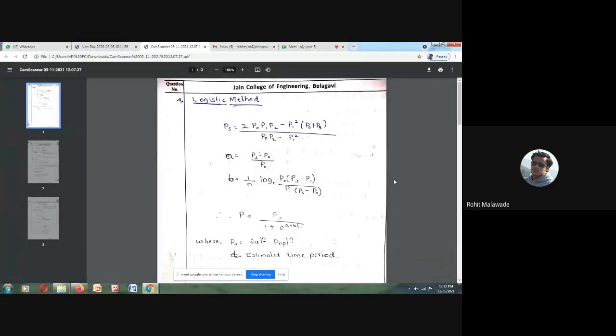Now what is this logistic method, or we also call it the decreased rate of growth method? It is found that the rate of increase of population never remains constant. In the previous problems also you have seen that the population is not going to remain constant, but is going to vary.